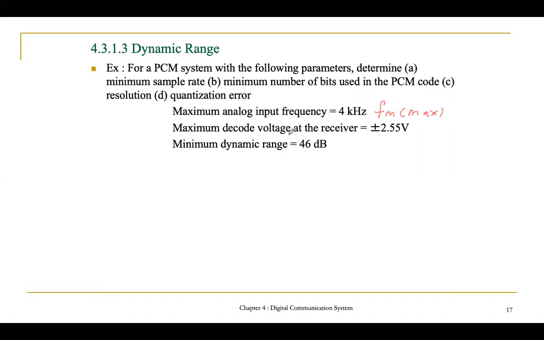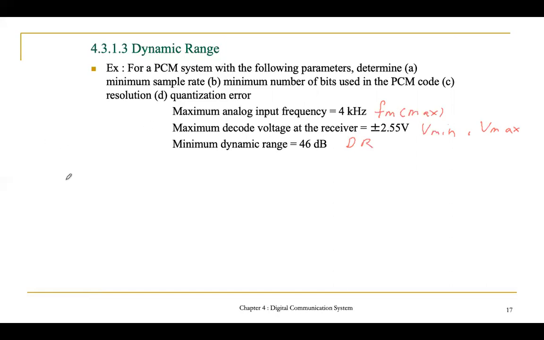And this is the maximum decode voltage at the receiver, plus minus 2.55. So this is the V min, and also you have the V max. And this is the dynamic range, the minimum dynamic range.